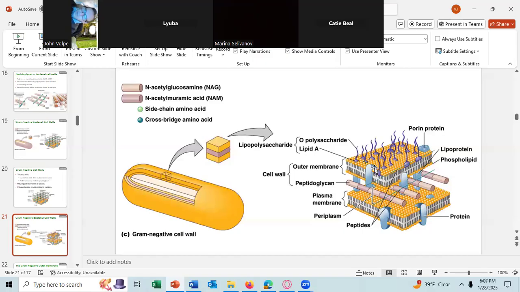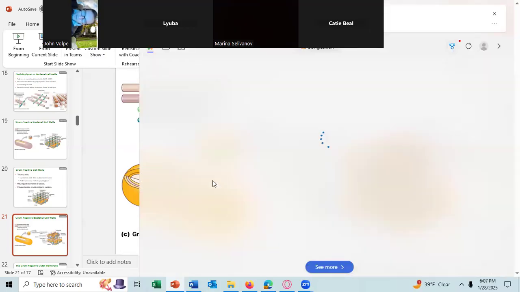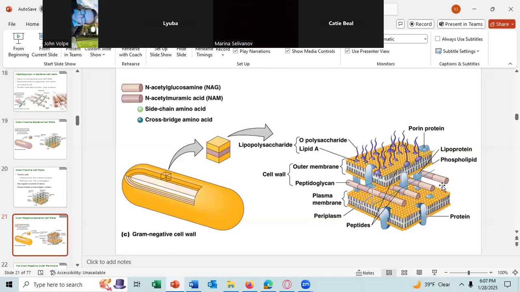The porin molecule, like I said, allows many molecules that the cell wants to enter the cell through the outer membrane, as well as it allows many molecules to exit the cell to get through the lipid bilayer of the outer membrane. That molecule will move through the porin protein.